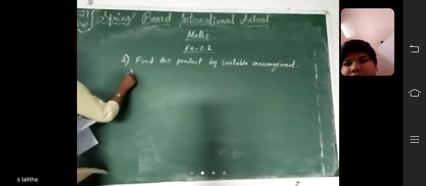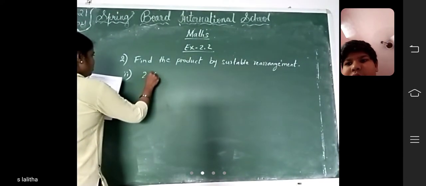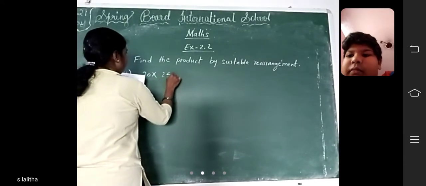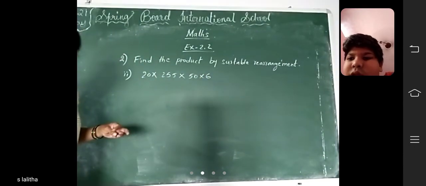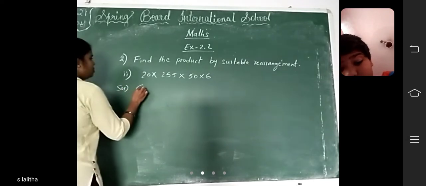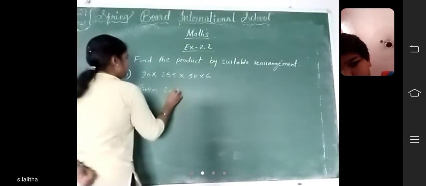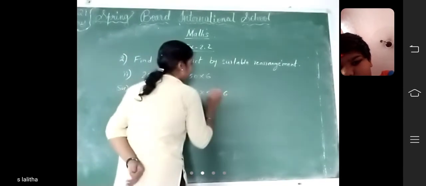Second sum. 20 into 255 into 50 into 6. So given 20 into 255 into 50 into 6.